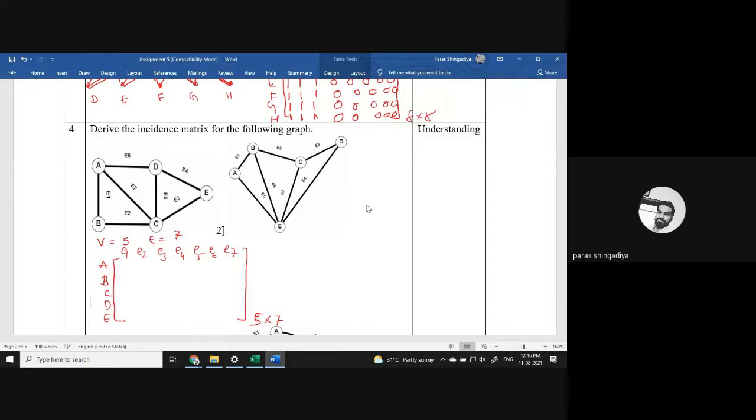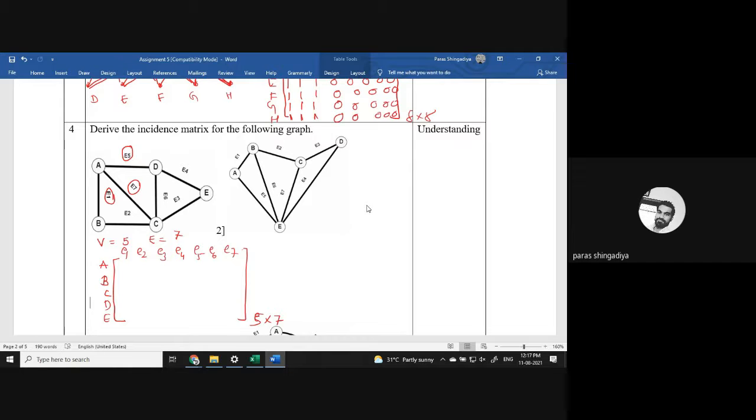And now we'll fill the entries in the matrix with 1 and 0. So we'll check the incidence relation of A with all the edges. Okay? And we'll directly consider which edges are connected with A, and at that place we'll put a 1 and the rest of the entries will be 0. Okay? So A is incident with edge E1, A is incident with E7 and A is incident with E5. ये तीनों के साथ A connected है. ठीक है?